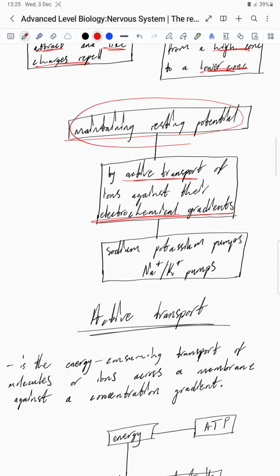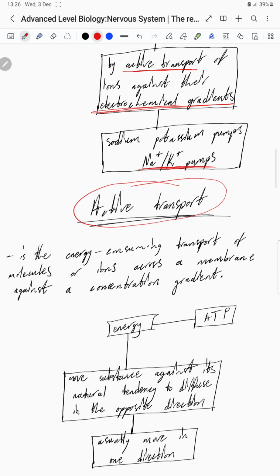So we have proteins which act to facilitate this to come to pass. We have got the sodium potassium pumps. So let us explain active transport a little more.